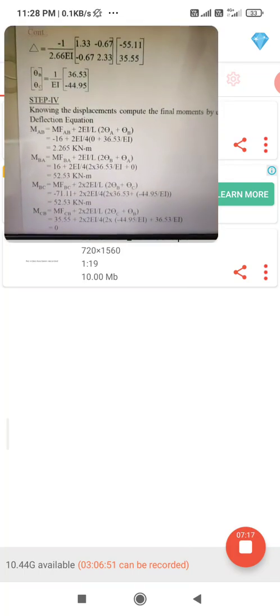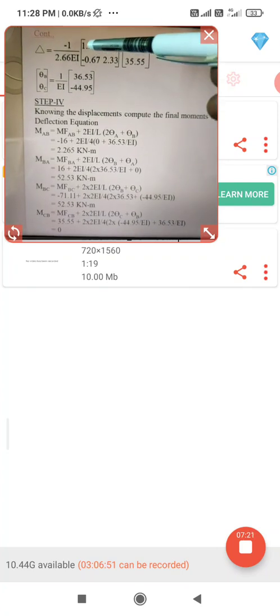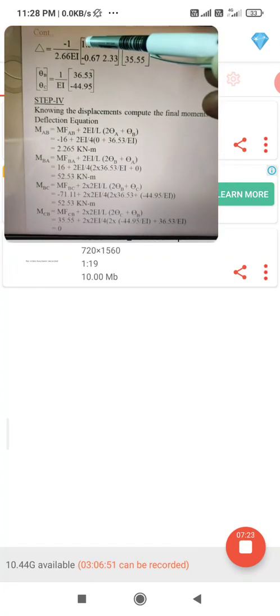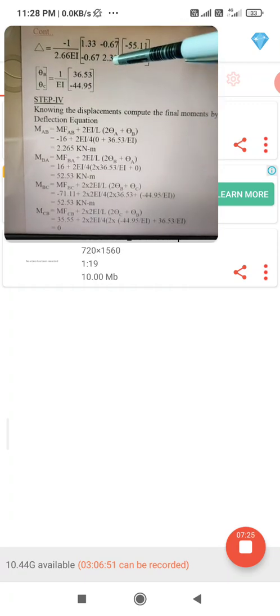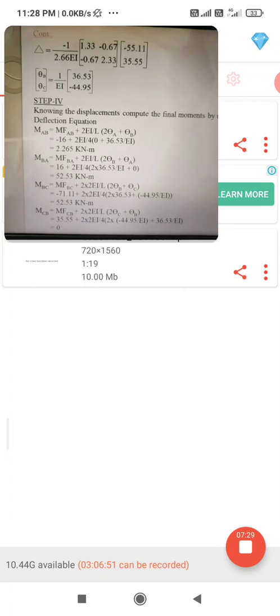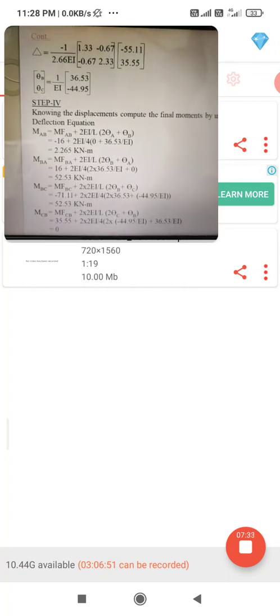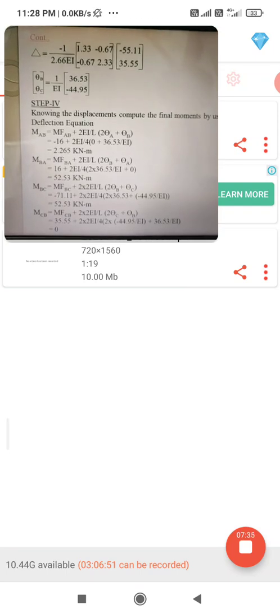Listen carefully. For the inverse, adjoint of K means we have to interchange these two values, 1.33 and 2.33, and change the signs of these two values: if it is positive, we show it as negative.